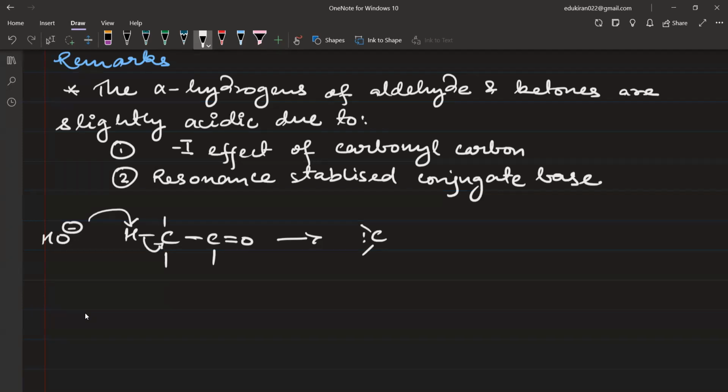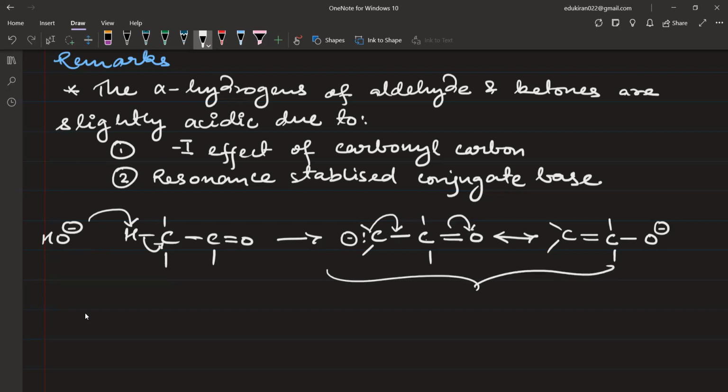Carbon with an electron and a negative charge, single bond to carbon, double bond oxygen. Now there is a condition of resonance fulfilled: double bond, single bond, and a lone pair. So the electrons go here, and the resonance structure is C double bond C, single bond O negative, with this carbon having all the groups as they are.